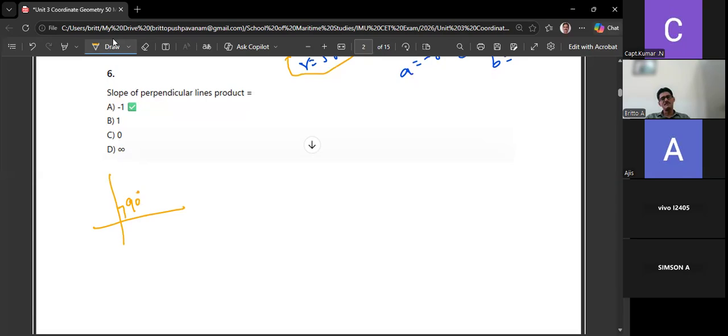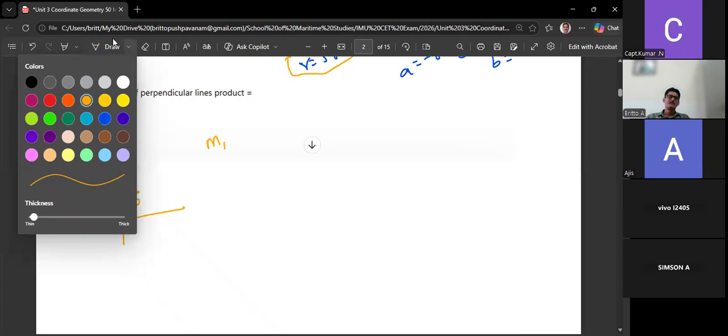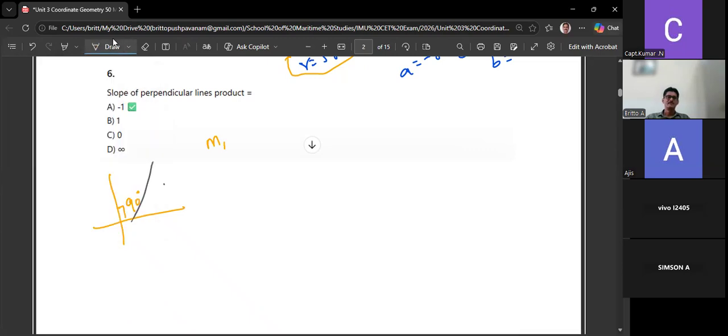The slope of the first line we take as m1. Suppose we draw a line in the same graph. This is one line, then this is another line. This angle is 90 degrees.